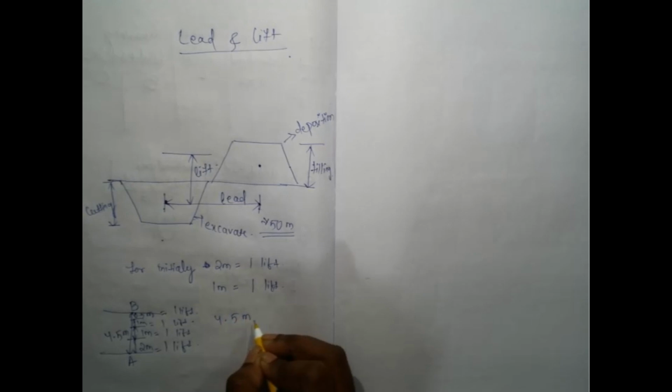So this total of 4.5 meters makes 4 lifts. Okay, clear? So these are the things that we have to discuss so that we can calculate the estimation of a road. Okay, in the next session we will practice a problem based upon these formulas.